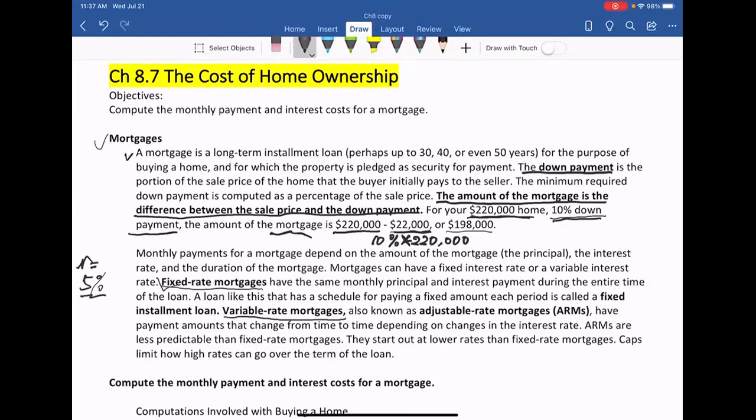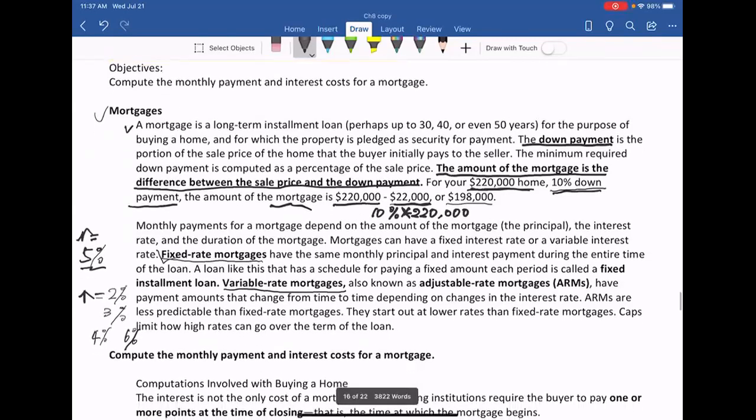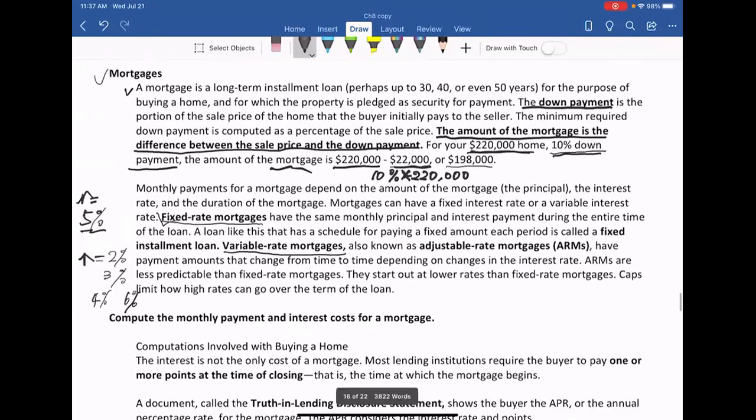But for the variable rate mortgage, at the beginning, maybe they give you a rate of 2% or 3%. But later, as time goes by, they will give you 4%, or after several years, 6%. So you need to pay more.